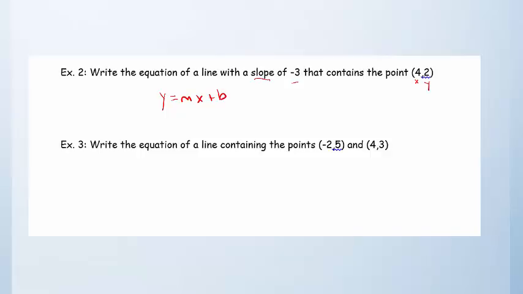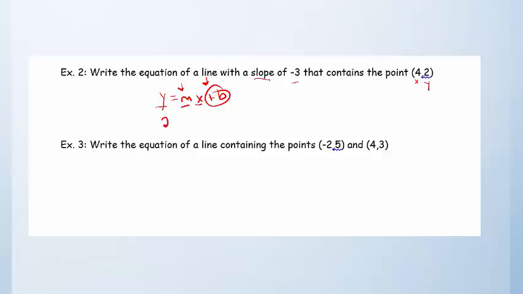y equals mx plus b. Now I know my slope. I know an x and a y coordinate, however, I don't know b. And when you write an equation, you only need to include the m and the b. I need numbers for those. So we're going to have to use this given information to figure out our b.